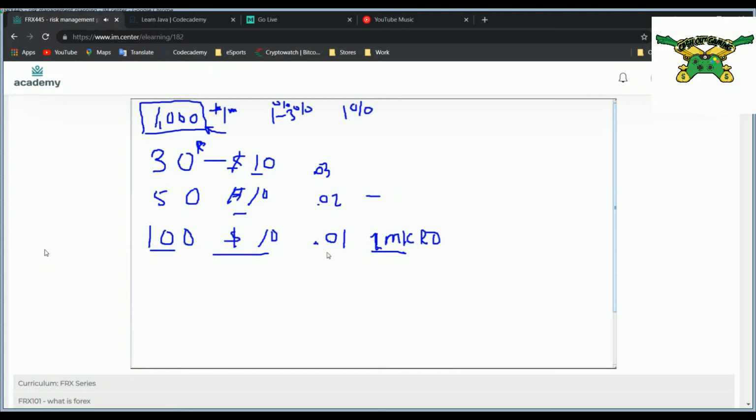So, 100 pips. So you got standard. Let me just get this so you understand it. There's 1 standard, 1 mini, 1 micro. Okay, so when you look at MetaTrader 4, that's a standard. This is a mini. This is a micro. Okay?